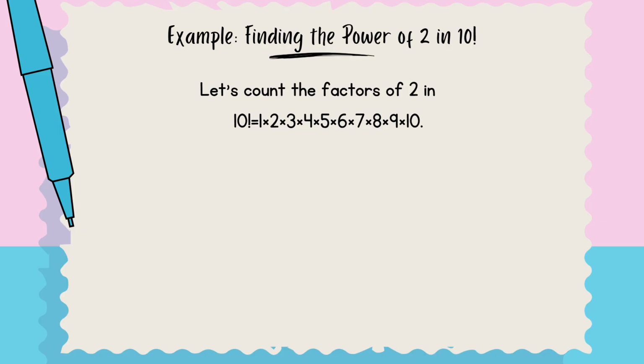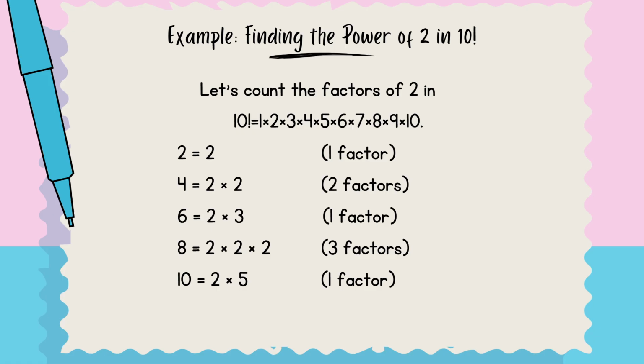So next we will find the power of 2 in 10 factorial. We are taking the smallest example to understand the situation. Let's count the factors of 2 in 10 factorial. What is 10 factorial? 1 multiplied by 2 multiplied by 3 till 10.